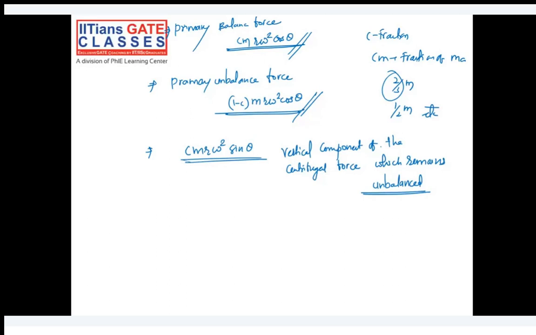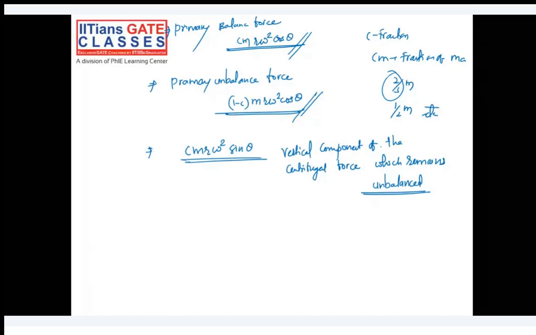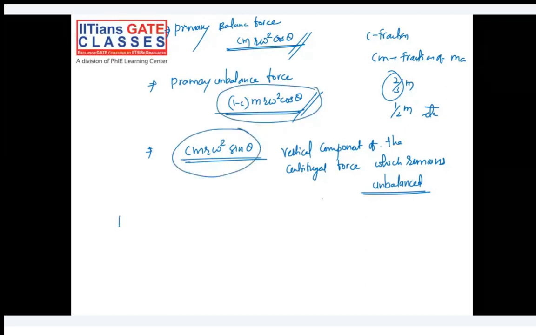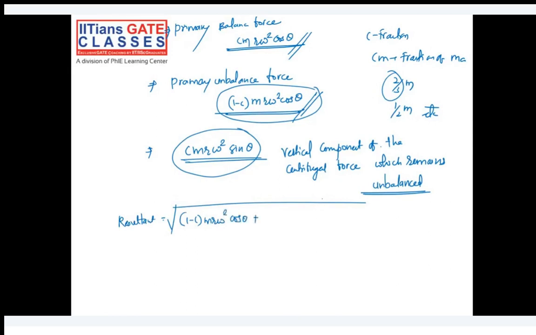So what is the resultant unbalanced force? This is in the vertical direction, this is in the horizontal direction. So the resultant will be the square root of ((1 minus c) m r omega square cos theta) whole square plus (c m r omega square sine theta) whole square. A square plus b square, correct?